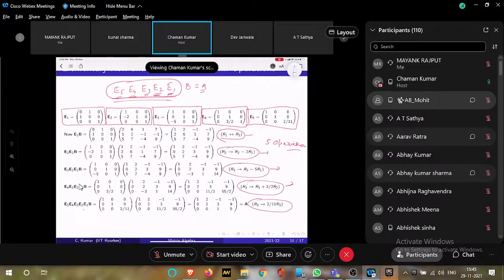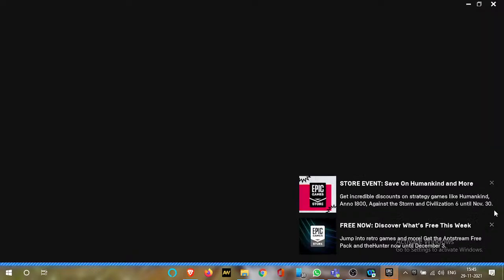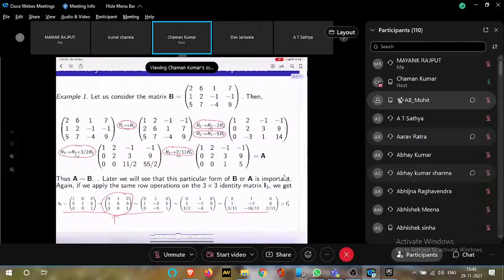This product, if you calculate it separately, will come out to be equal to I3 dash, and I3 dash is the same matrix that we obtained here.